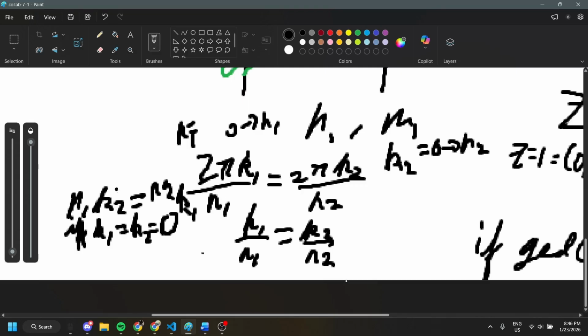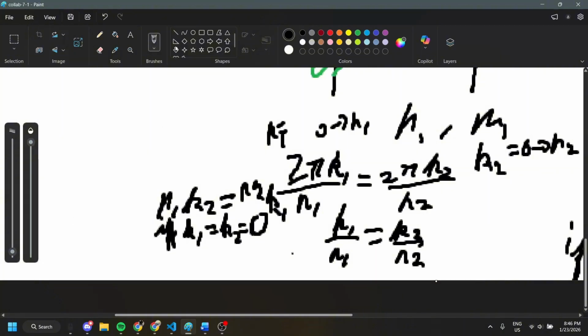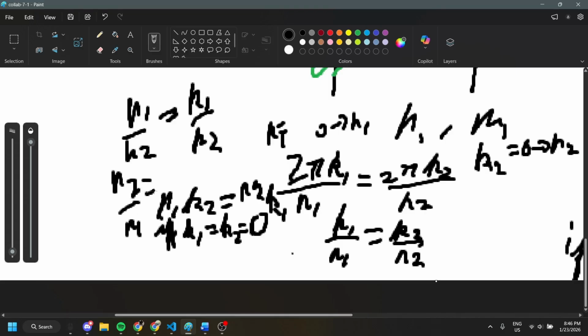So, given that n1 and n2 are coprime, where n1 over n2 is equal to k1 over k2, if we know that n2 over n1 is equal to k2 over k1, we can show that this is never equal to an integer, and this is never equal to an integer.